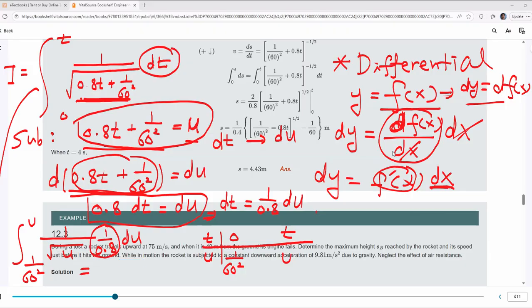Take this out of the integral. And notice 1 over the square root of u is the same as u to the half. Then u to the half in the denominator is u to the negative half.